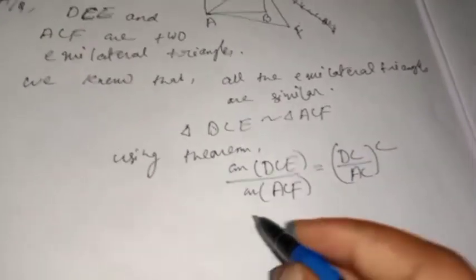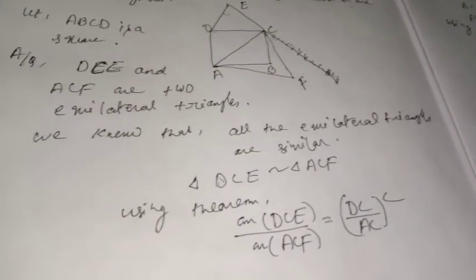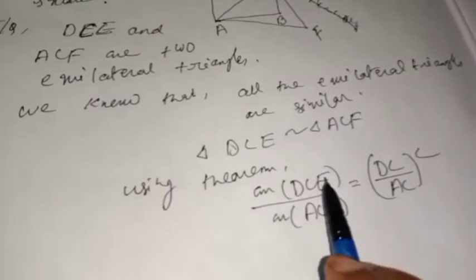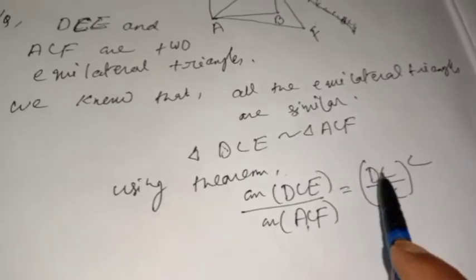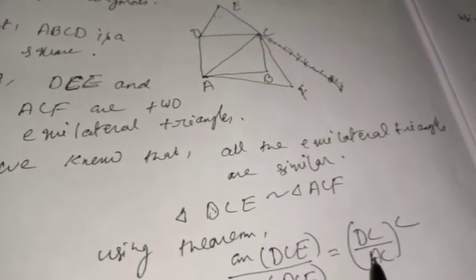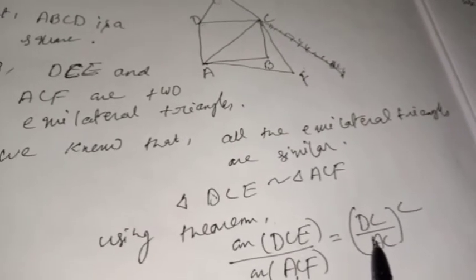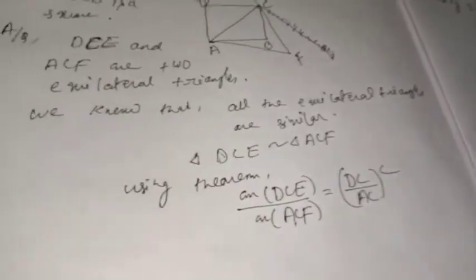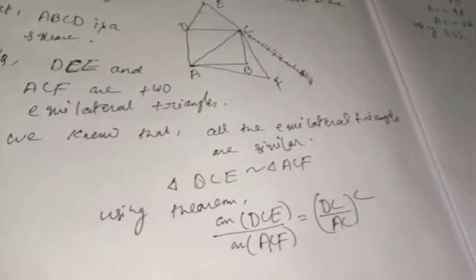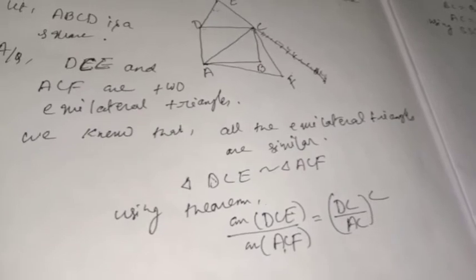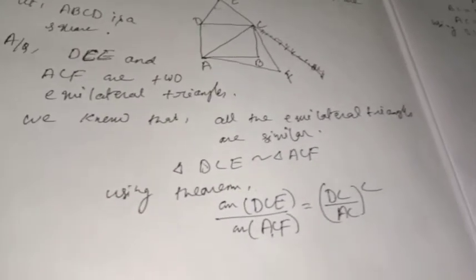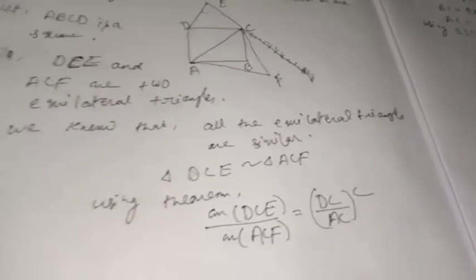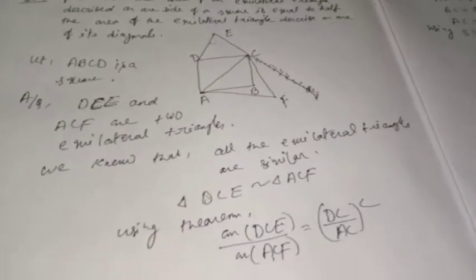So now with DC and AC, we need to show that area of DEC is half of area of what? ACF. Now DC is the side of the square and AC is the diagonal of the square. So now we have to find the relation between the side of a square and the diagonal of a square.